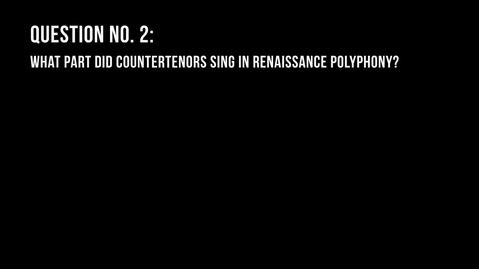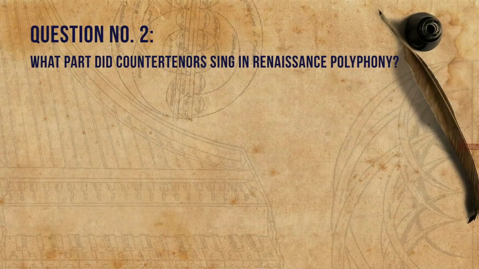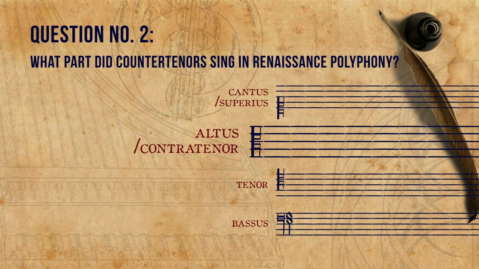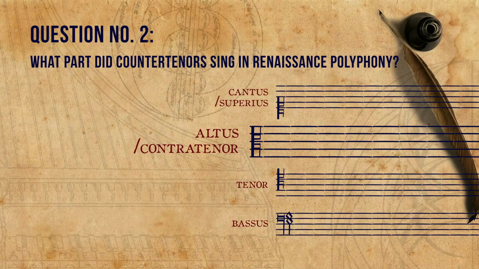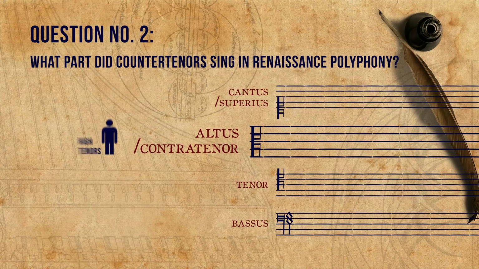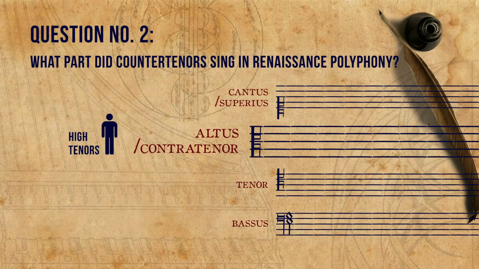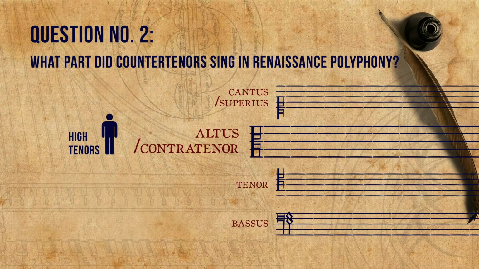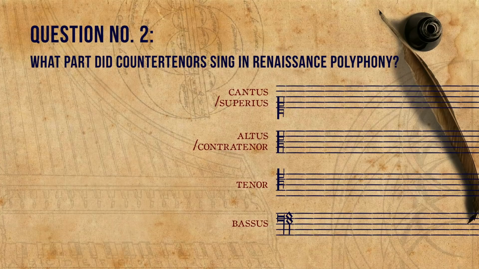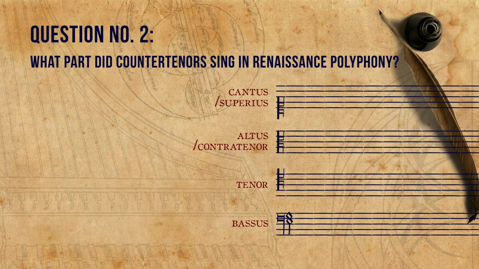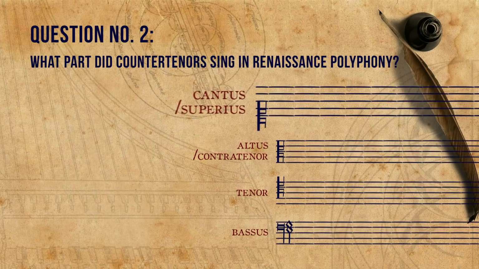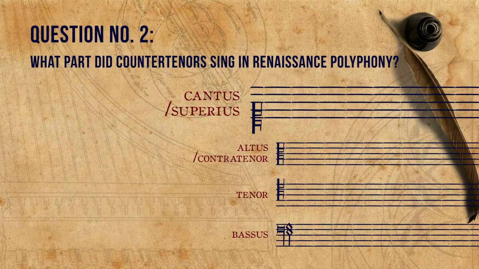Question number 2. What part did countertenors sing in Renaissance polyphony? As we mentioned above, the parts called alto, or sometimes literally contratenor, were probably not sung by what we call countertenors, but by voices which we would nowadays describe as high tenors. However, different periods and places often had different preferences as to who sang the uppermost part of a composition.